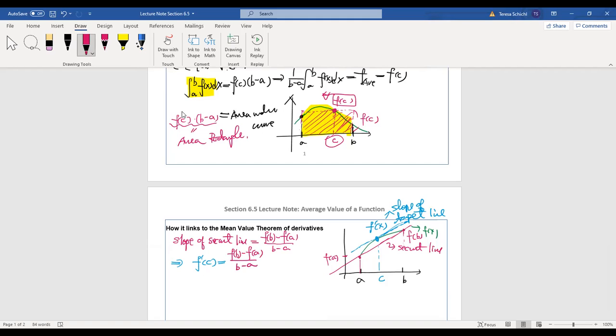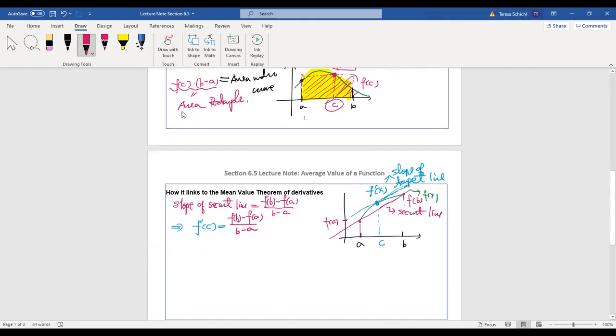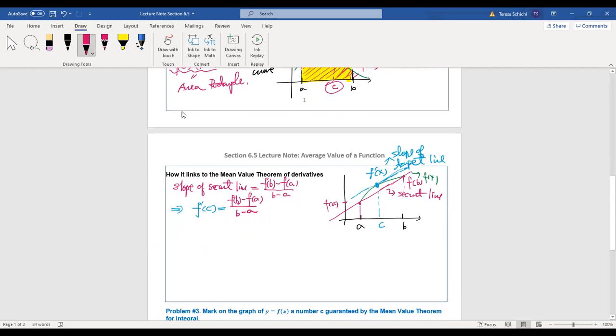Okay, so now let's take a look. What is the relation between the mean value theorem for the derivative and the mean value theorem for the integrals? So now let's do a little bit here. I'm just moving this over.